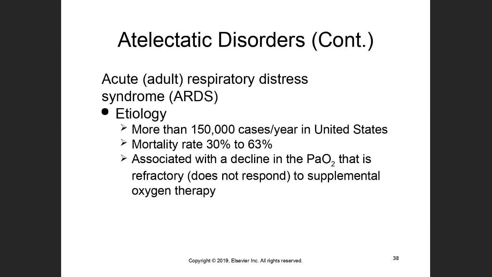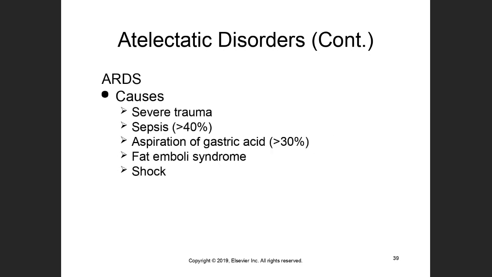Etiology: more than 150,000 cases per year, mortality rate 30 to 63 percent because it's a really serious condition. Causes: severe trauma, sepsis, aspiration of gastric contents, fat embolism, and shock. All the causes are patients already in hospital. So when patients in the ICU develop respiratory failure, you start thinking about ARDS.